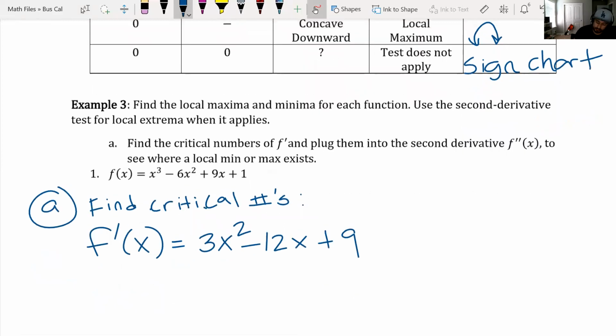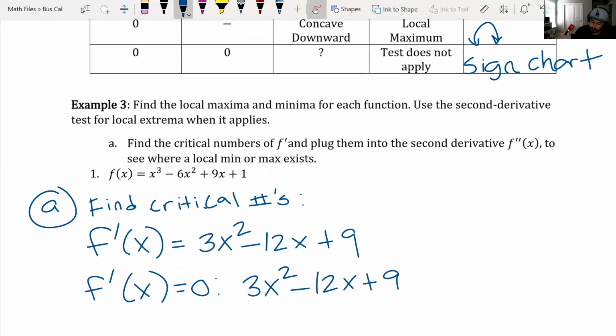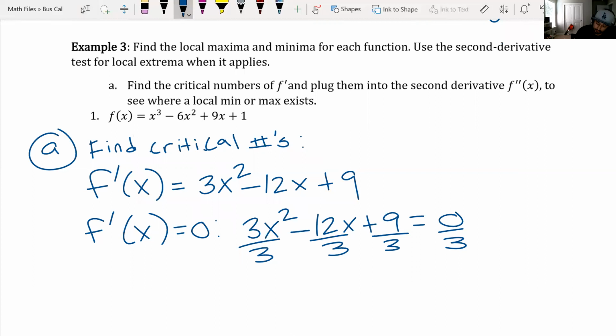We set it equal to 0. And I get 3x squared minus 12x plus 9 equal to 0. Divide everything by 3 because that's the greatest common factor. And we have x squared minus 4x plus 3 equal to 0.